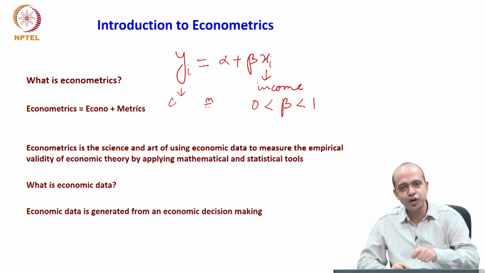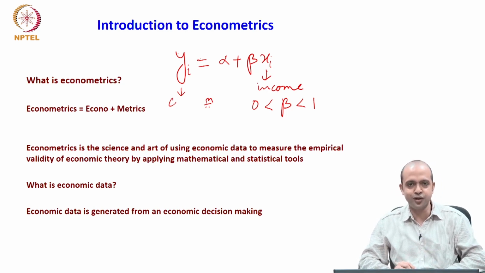A mathematician will build the model using a mathematical equation. A statistician will collect data on income and consumption, that is the raw data, and will represent the data using some tables, charts or diagrams.